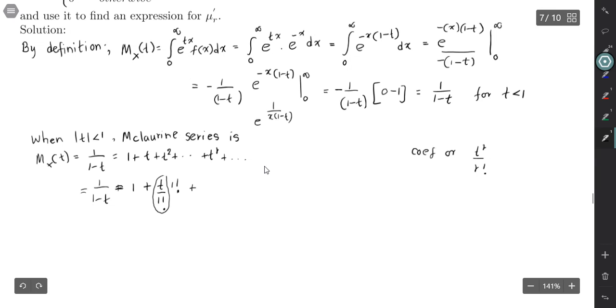Let's do the same with t square. We need 2 factorial, r factorial. When r is 2, you need 2 factorial. If you divide by 2 factorial, to cancel it out you have to multiply by 2 factorial. So this is like you haven't done anything to the t square, right? So you can do the same thing for all r values.